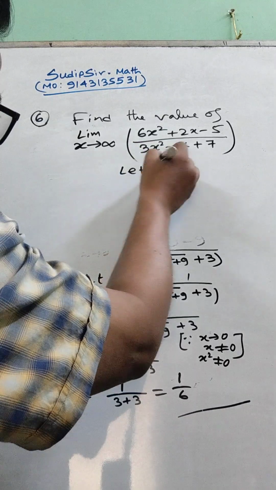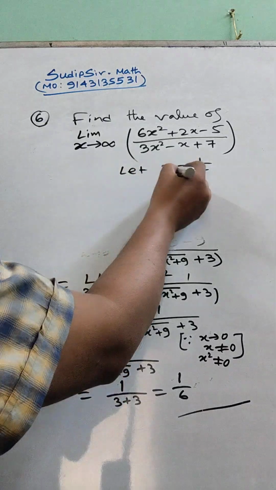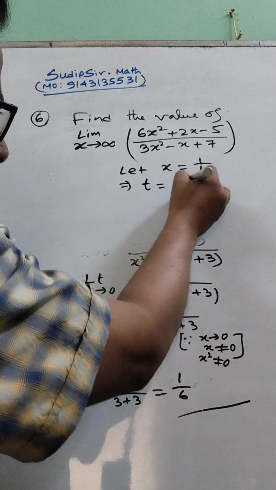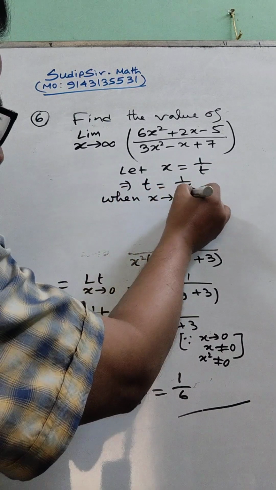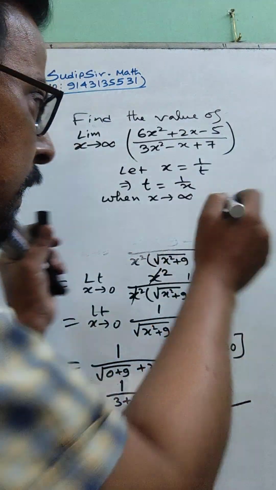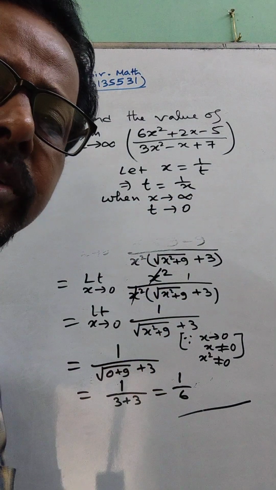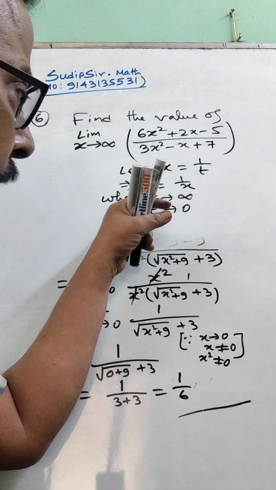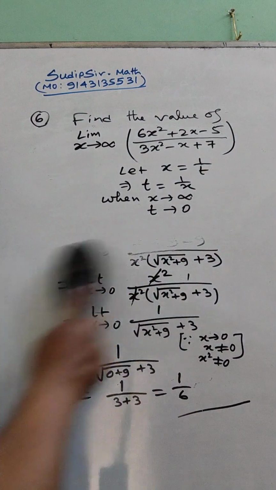Let x equal to 1 by t, that is t equal to 1 by x. When x tends to infinity, 1 by infinity, a large value, that is t tends to 0. So if we take x equal to 1 by t, then when x tends to infinity, t tends to 0.